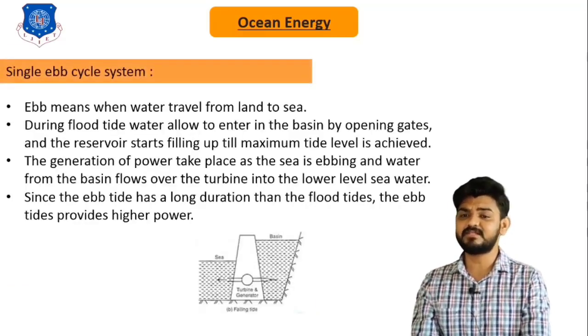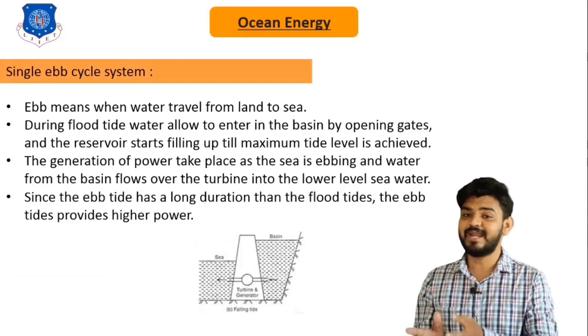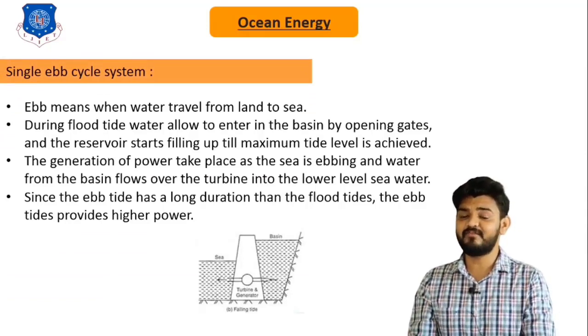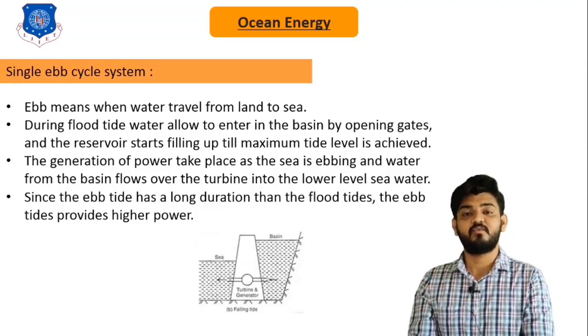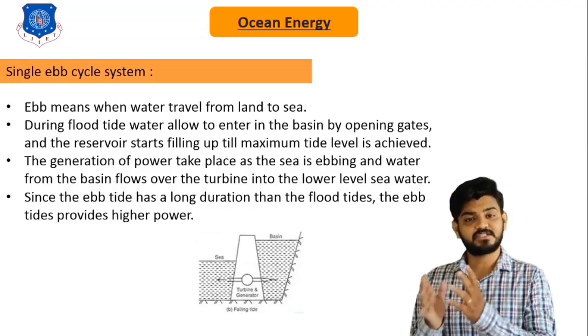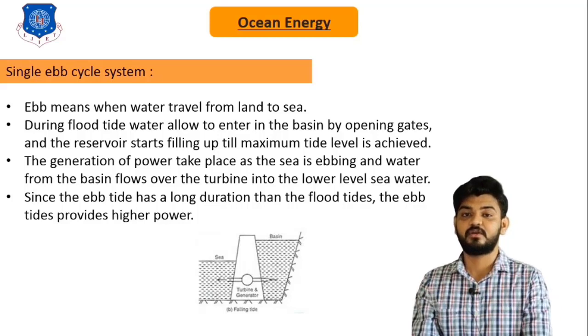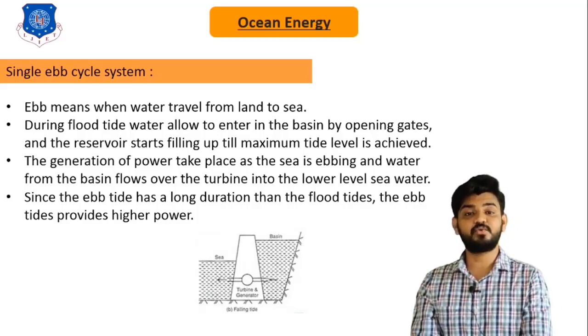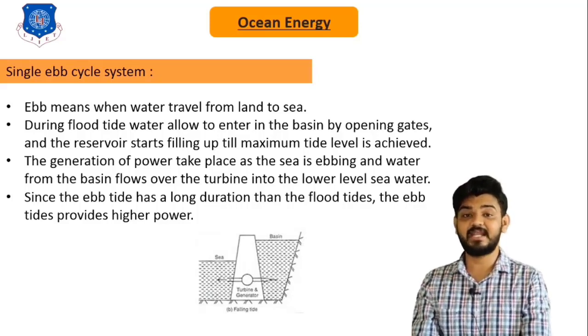Ebb means water travels from land to sea. That means when water is falling in the ocean, water will travel from the surface to the ocean. During flood tide, the water is allowed to pass through the gate and fill the basin, so that when there is a low tide or ebb tide, we can generate electricity by passing this water to the ocean again.